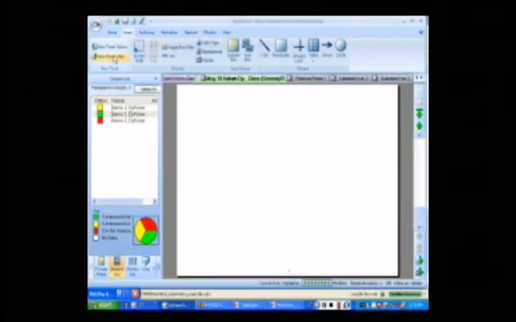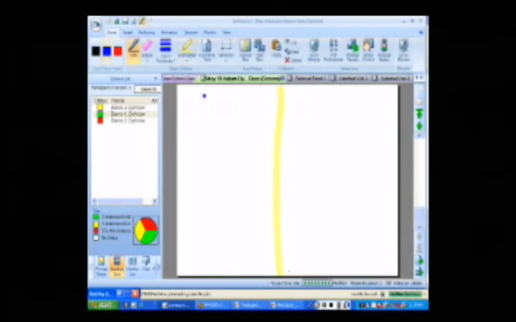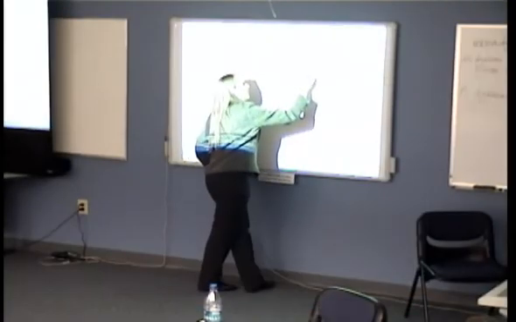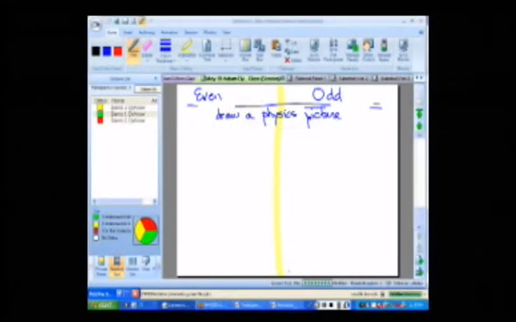New panel after, okay. Draw a physics picture.